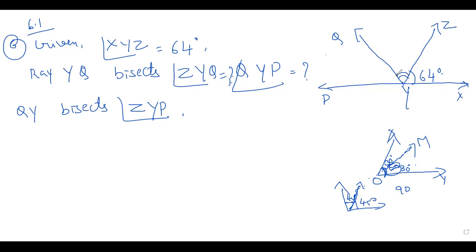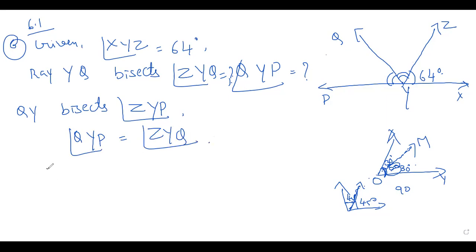These two angles are equal, right? QY bisects ZYP. If it is bisecting, these two angles are equal. See, 30, 30, 45, 45, equal, right? Like that these two will be equal. So I will write here QYP is equal to angle ZYQ, right?